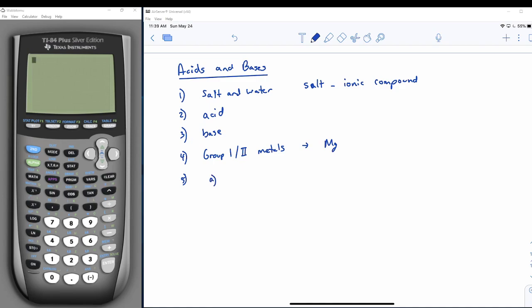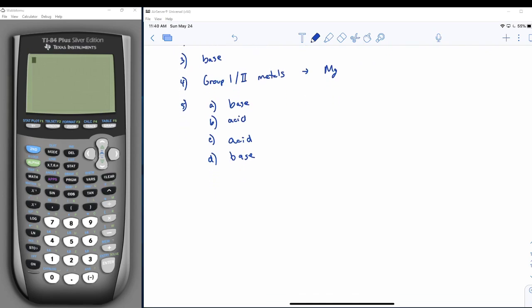So conducts electricity and feels slippery, that would be a base. If it conducts electricity really well, then it's a strong base. Conducts electricity and reacts with metal, that's acid. Blue litmus paper red, that's acid. And reacts with an acid to produce a salt, that would be a base.